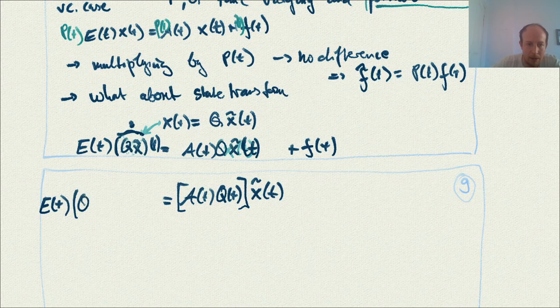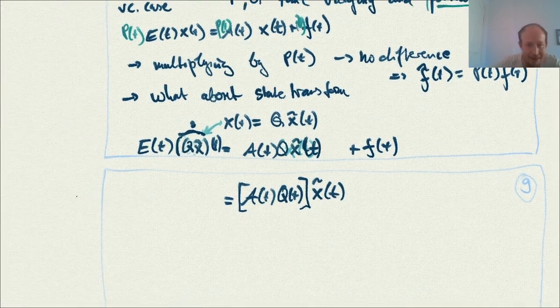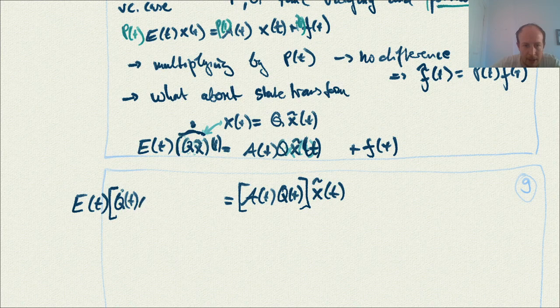So this will be Q dot of t x of t plus E of t, and here we have Q dot of t x tilde of t plus Q of t x tilde dot of t.